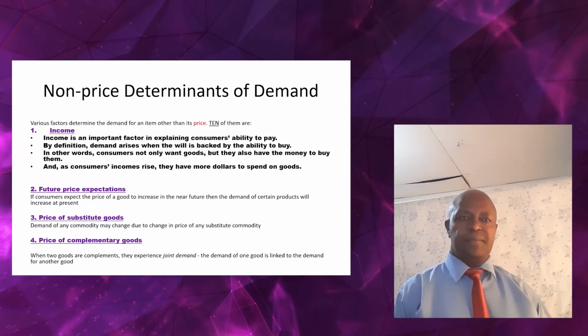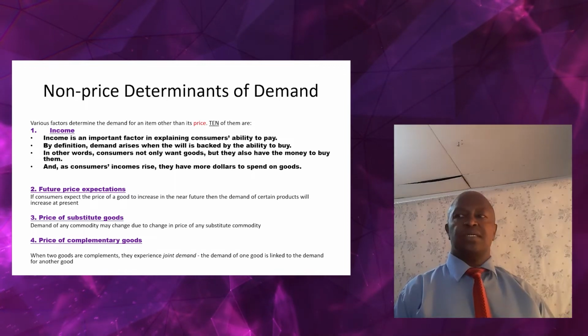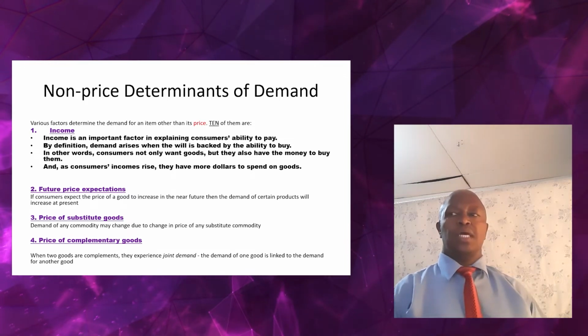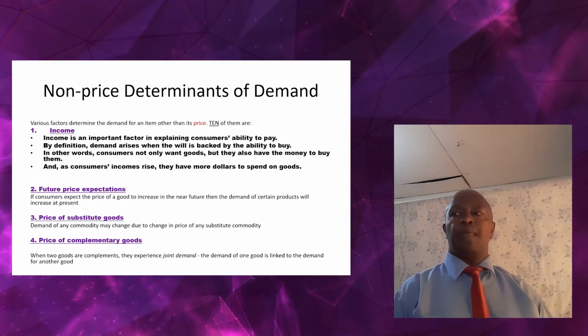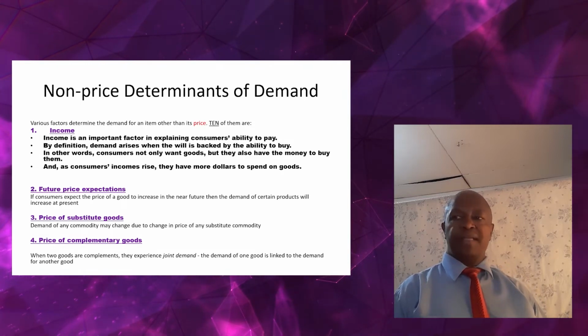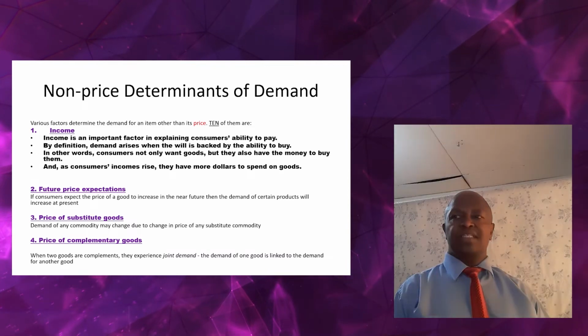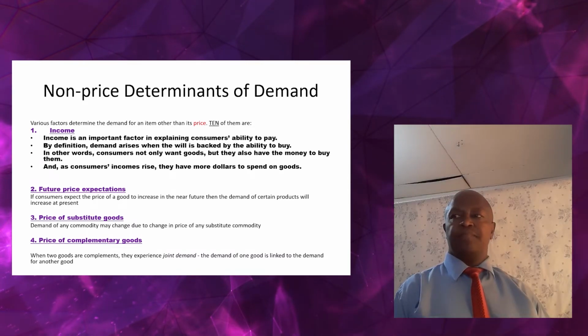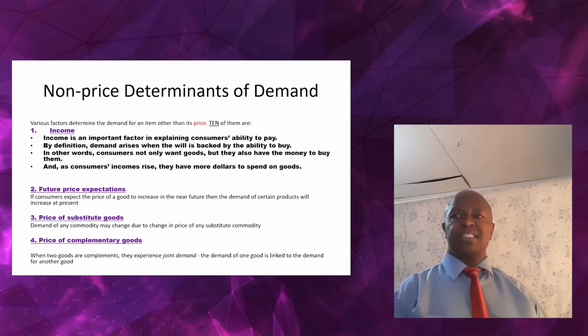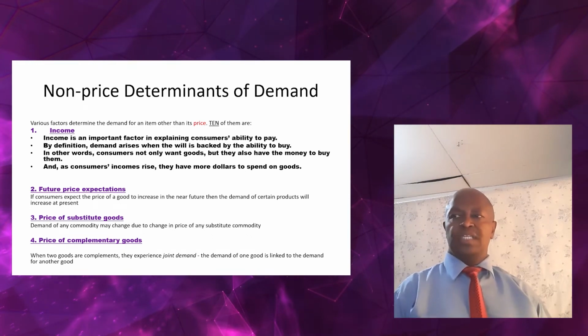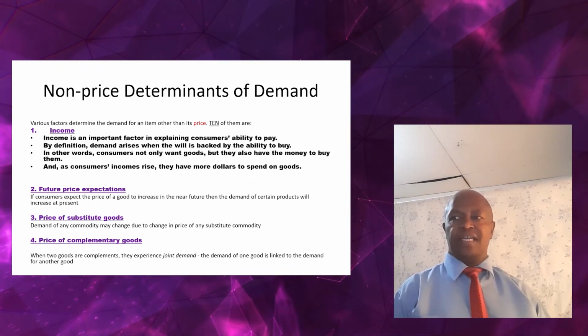The other factor is the price of complementary goods. When two goods are complements, they experience joint demand. The demand of one good is linked to the demand for another good. Therefore, if a higher quantity is demanded of one good, a higher quantity will also be demanded of the other, and vice versa.